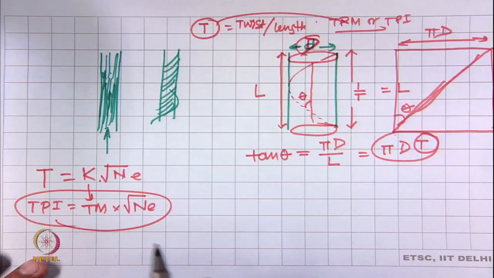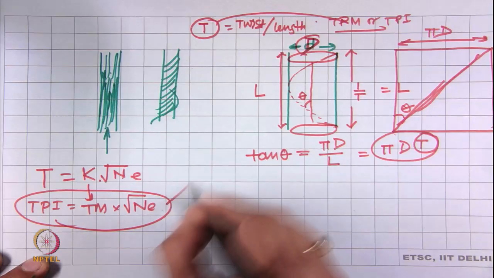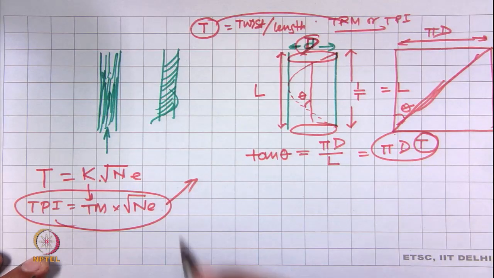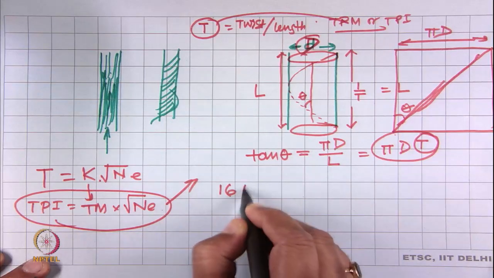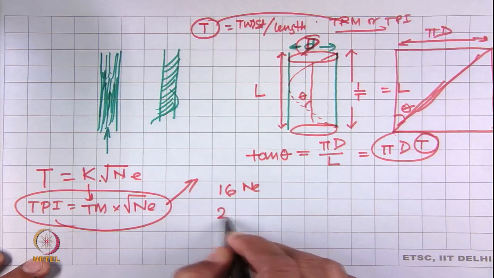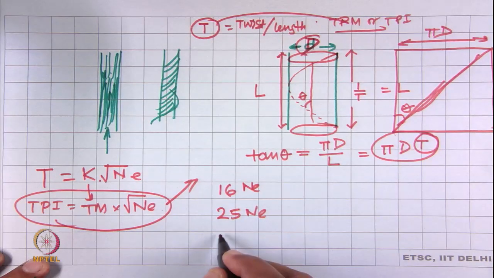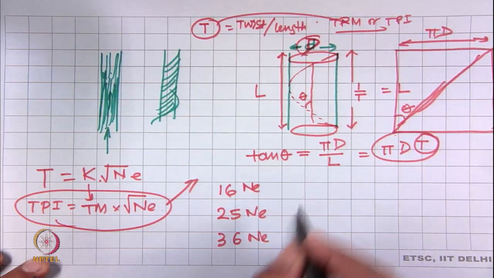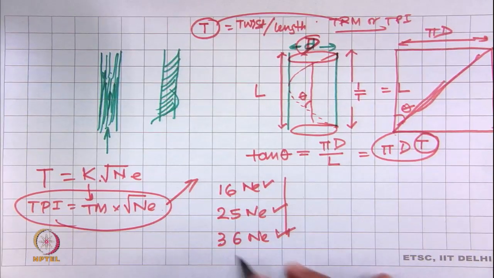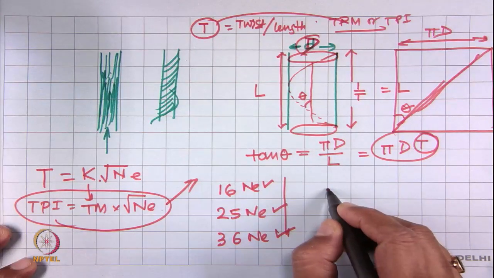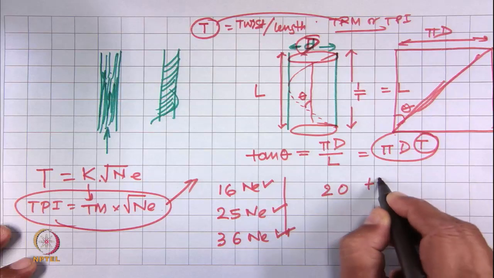Now, here the thing is that if we want to produce finer count, suppose we are producing one yarn of 16 NE, another is say 25 NE, another is say 36 NE. We are producing three counts, coarser, medium and finer, and we are imparting the same twist, say 20 twist per inch.